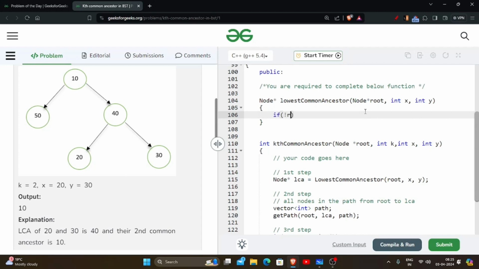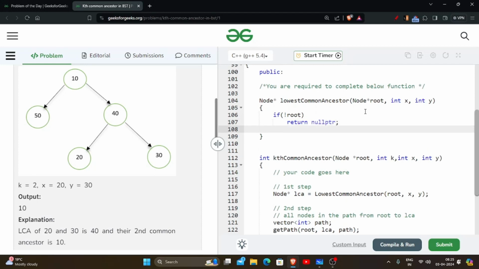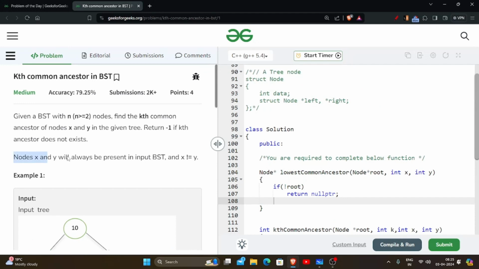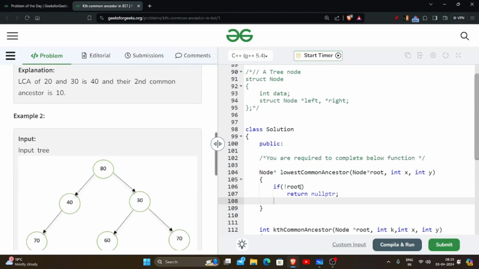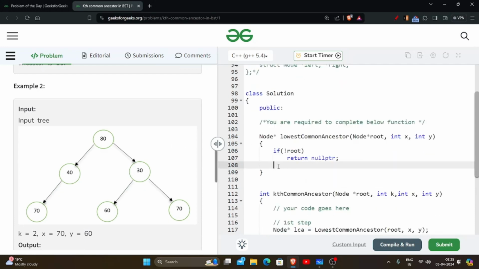First, the simple trivial case: if we are at some point that does not exist, if our root becomes null, we can just return nullptr. In that case, our lowest common ancestor would not exist. But here the question says that x and y will always be present, so this case would not come, but still we write it.